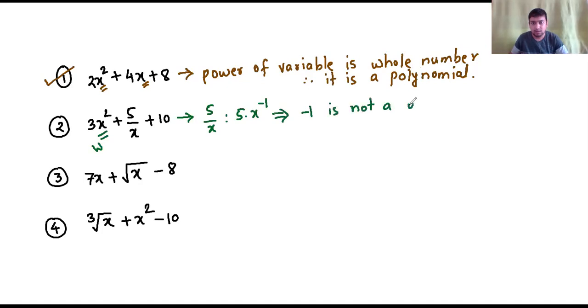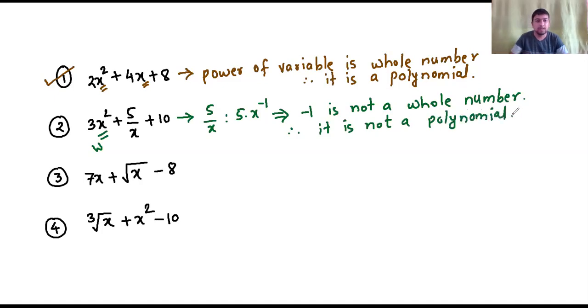Therefore, the given algebraic expression is not a polynomial. Is it right? Why? Because there is one term, that is 5 upon x, in which power of variable, that is x, is minus 1, which is not a whole number, right?